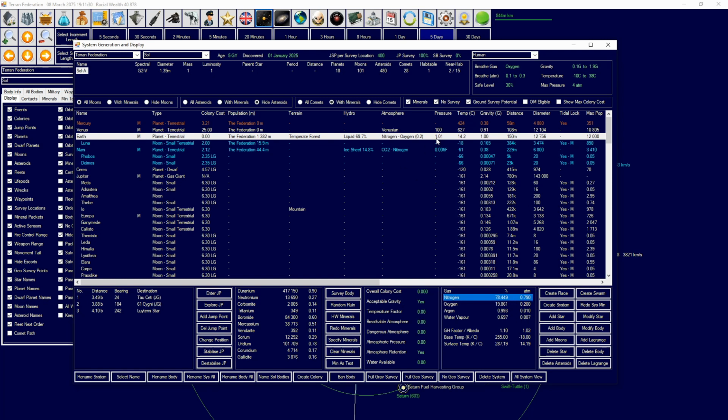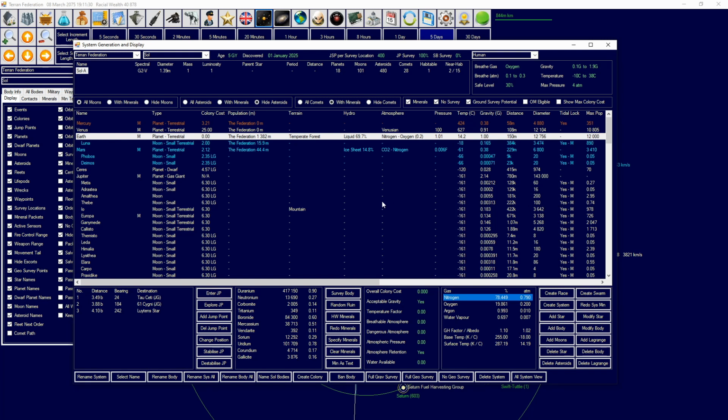The atmospheric pressure is 1.01, and then nitrogen takes up 0.79 of the atmosphere, oxygen takes up 0.2 of the atmosphere, and that goes into what the percentages will be, and that generates into the atmospheric pressure. Venus, for example, has a pressure 100 times that of Earth. So keep that in mind.